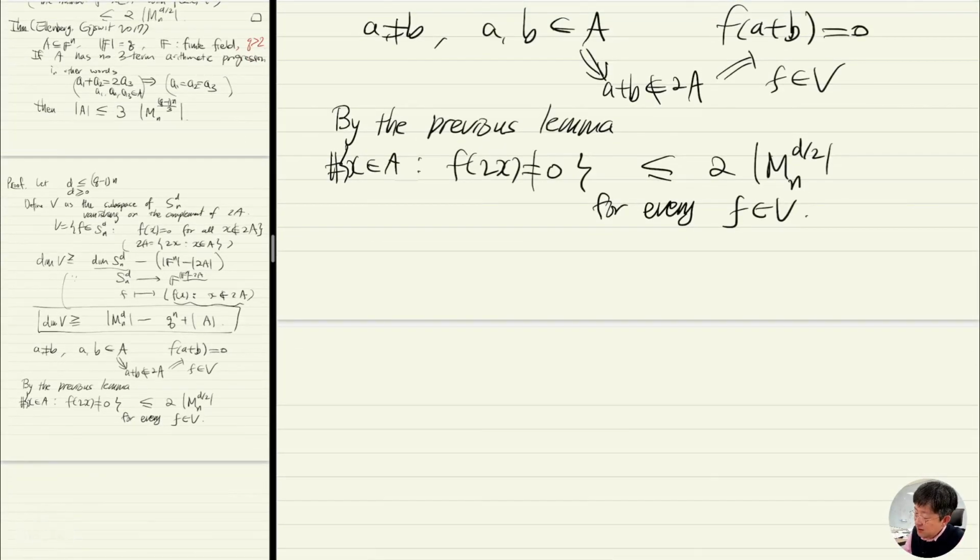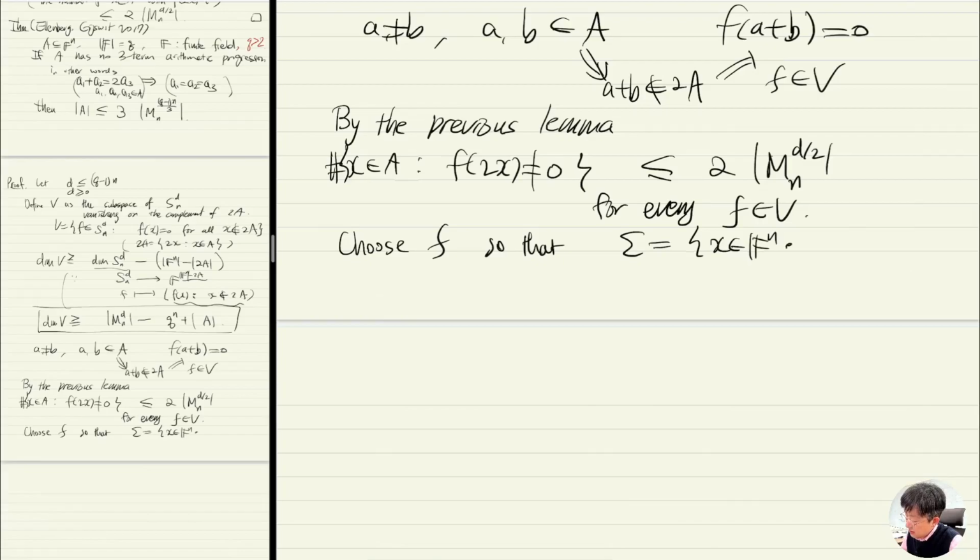Now, let's choose a function f so that the support sigma, the number of points where f of x is non-zero, is maximal.